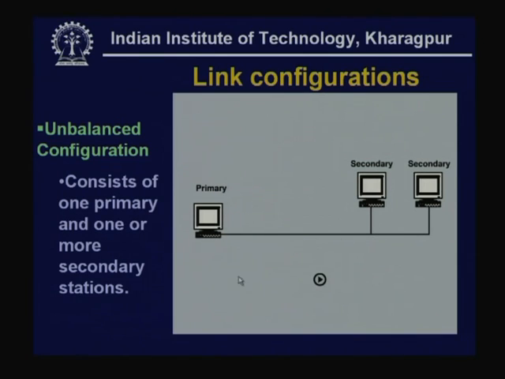Let us see how the communication takes place. As we have already mentioned, the primary issues a command, and in the multi point configuration the command can go to both of them, and obviously one of them will respond. The response comes from the intended secondary and goes to the primary. This is how the unbalanced configuration works.